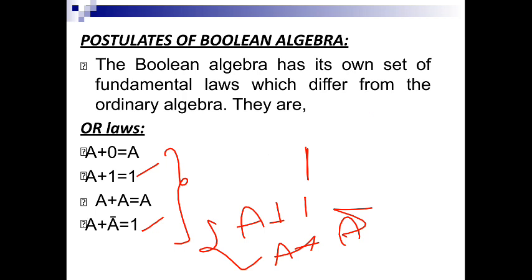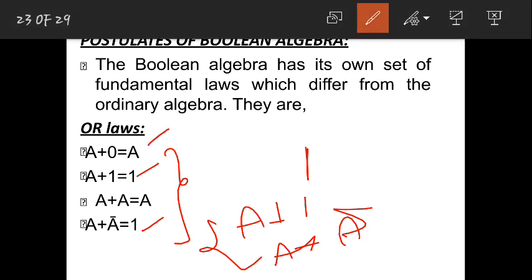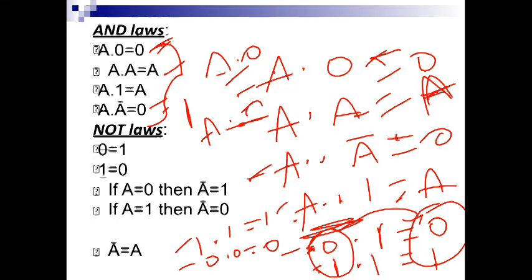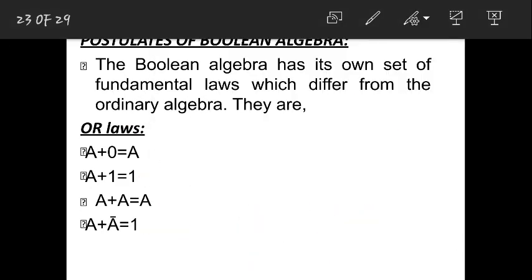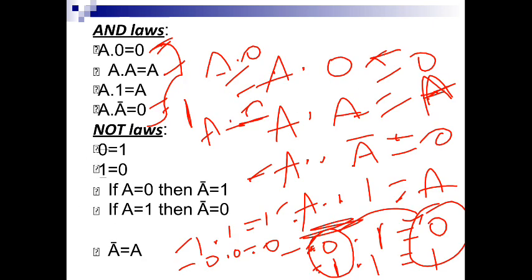For 1 and for 0, these are what you can use. For writing A you can use both the laws, because here you have A and A. So instead you can use A plus 0 or A plus A, and in the other case you can use A dot A and A dot 1. You can use anything from these, if you want to substitute or deduce the equations.